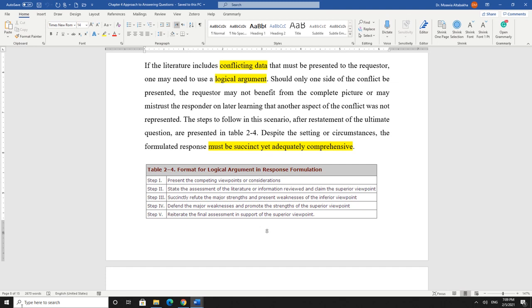And then you go to your viewpoint, where you say, okay, this is strong. So you defend the weakness of this viewpoint and promote the strength of this superior point of view according to you.